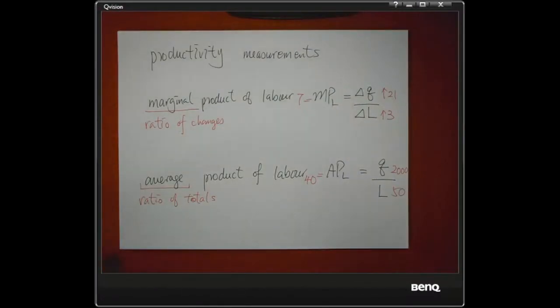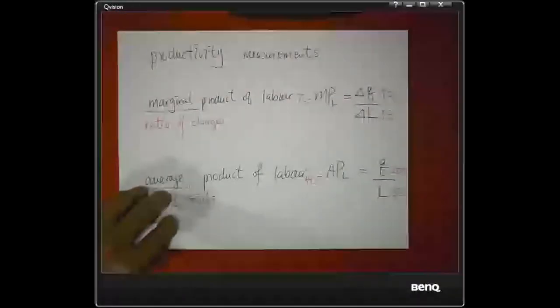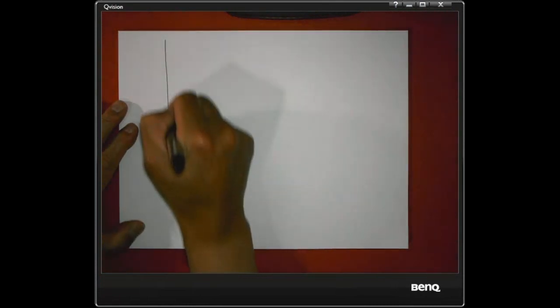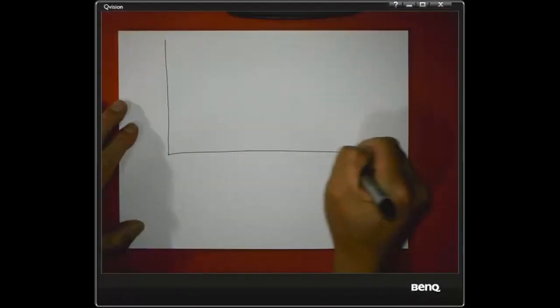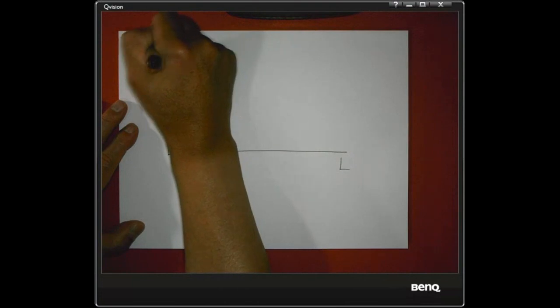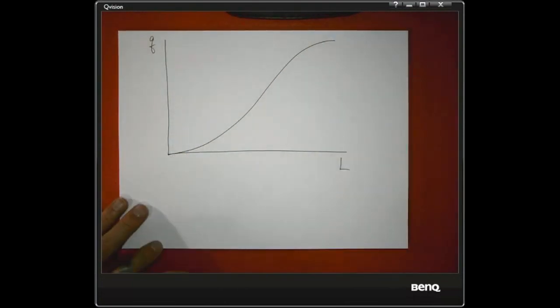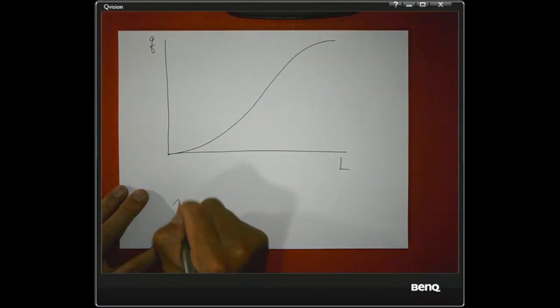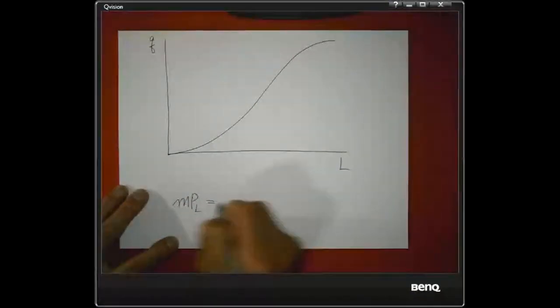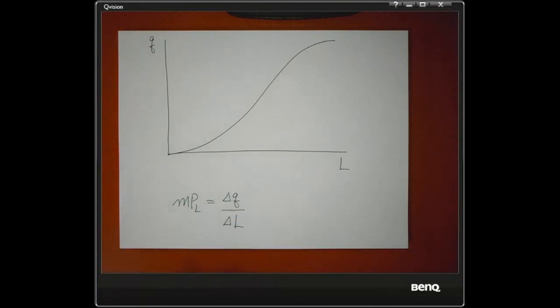And now, we can find these 2 productivity measurements from the total product curve. First, the marginal product of labor: change in output over change in labor input.